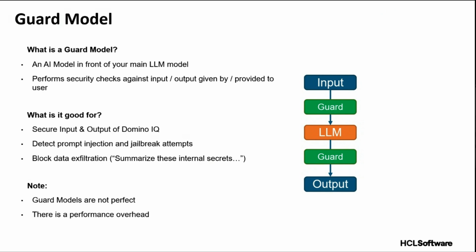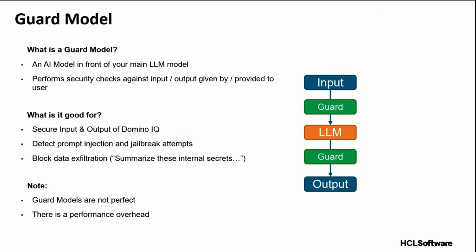Why is it good? Because it will help you to secure the input and output of Domino IQ. It is designed to detect prompt injections and jailbreak attempts. These are very important, and these days this has become very problematic when you are using any kind of generative AI, right? So we wanted to build a layer in front of LLMs, and that is what the guard model is all about.